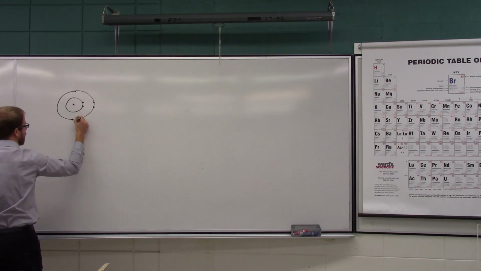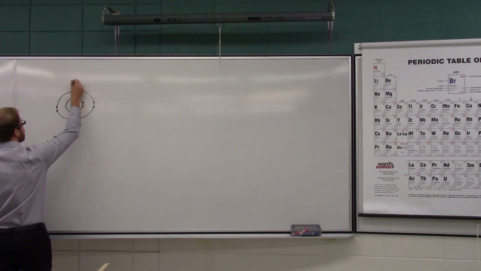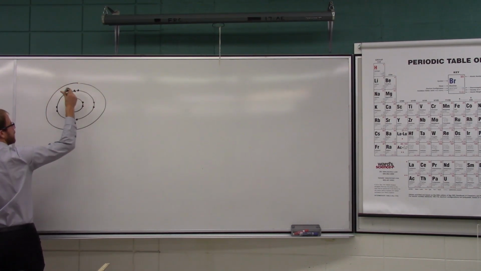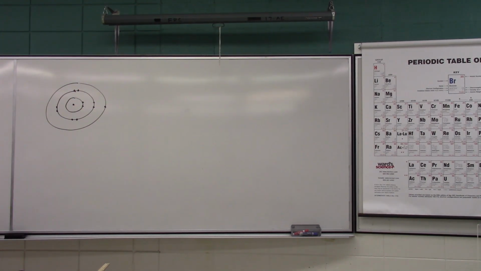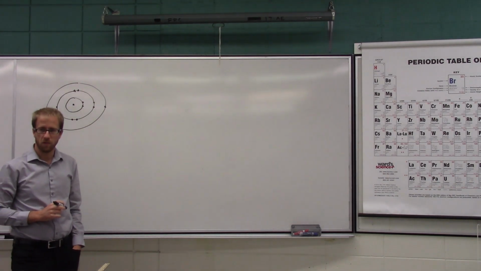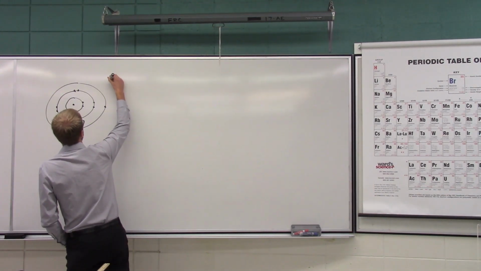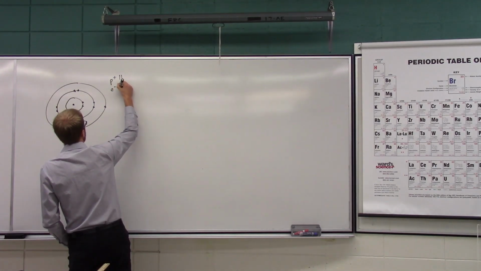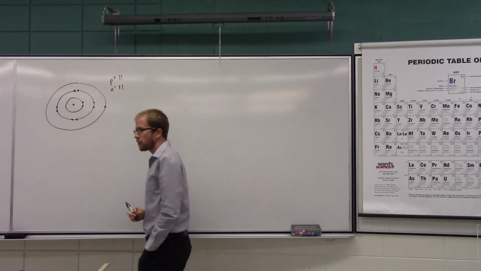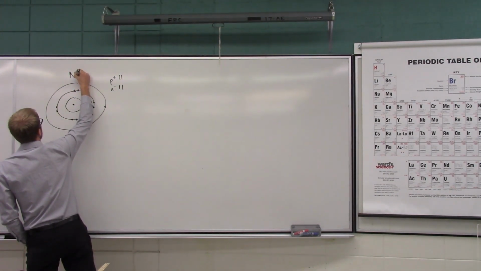So the Bohr diagram for it would look like this, right? It has 1 valence electron. How many protons are in our atom of sodium? 11. So our neutral atom here has 11 protons. We currently have 11 electrons. And this is our neutral atom of sodium.